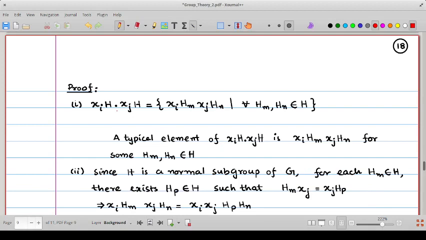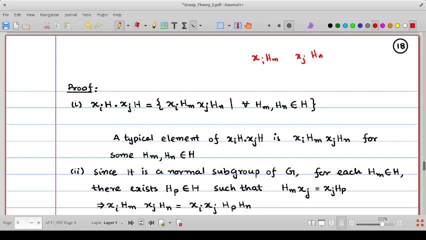So let us consider the product of Xi H and Xj H, and the elements of this product will be the products of the elements of Xi H and Xj H. The elements of Xi H are Xi Hm for all elements Hm of the subgroup H. And similarly, the elements of Xj H are Xj Hn for all elements Hn of the subgroup H. So we take their product and form the set of elements obtained by taking products over all possible Hm and Hn, and we keep only the distinct elements here.